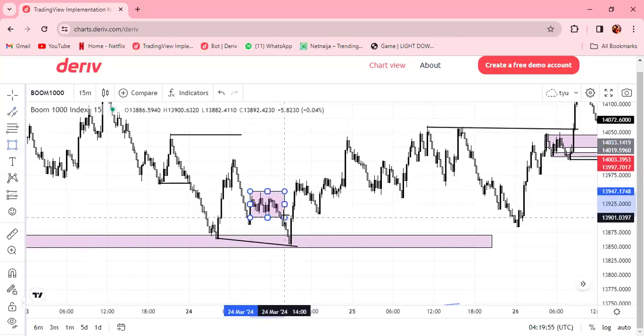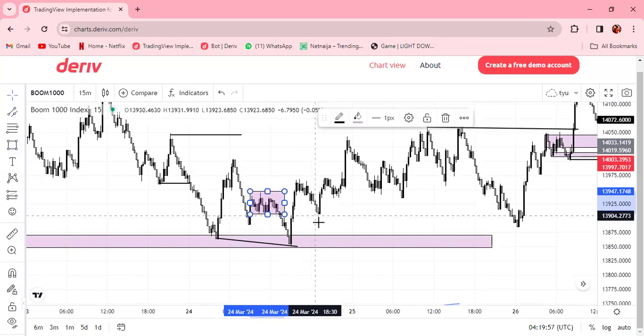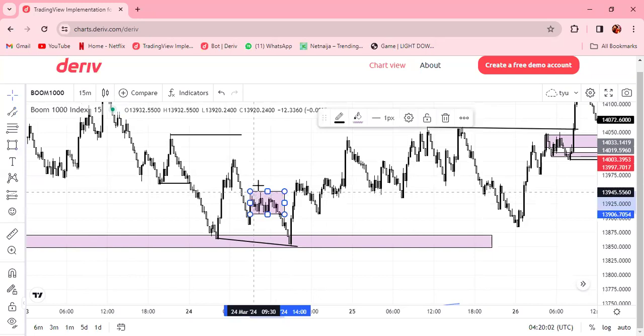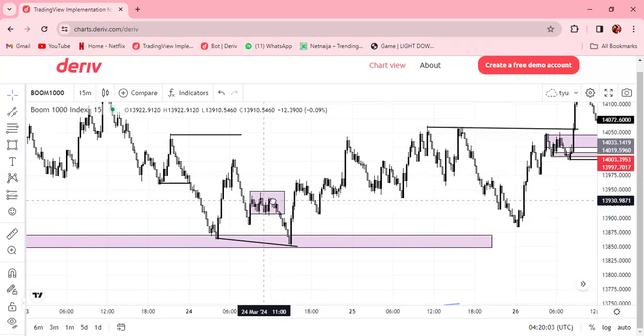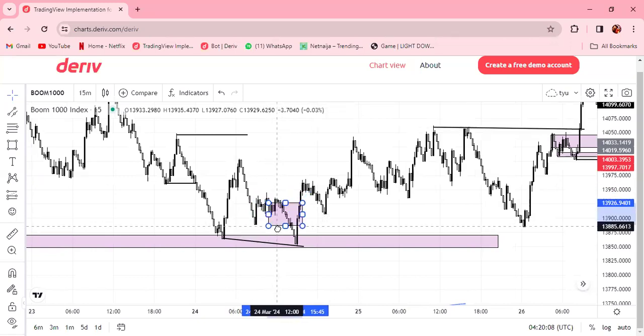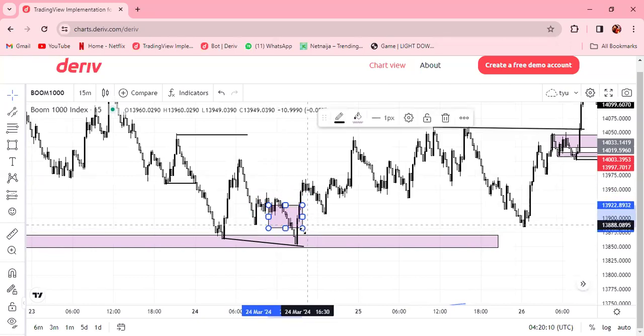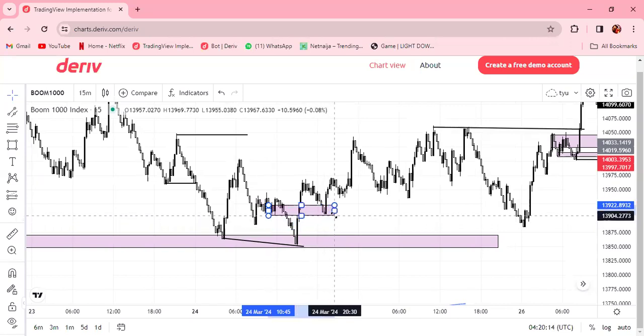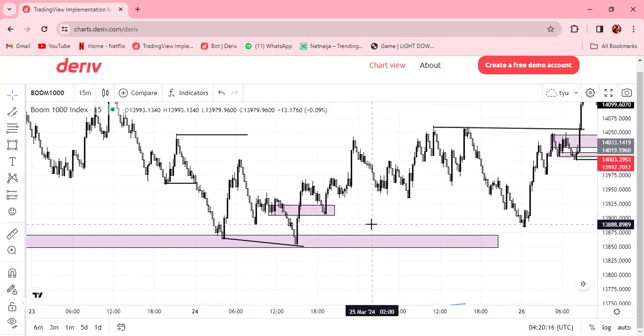This is a support and resistance consolidation here. Price came down. When we look at it even further, when we break it down even further, we can say there is a QML here, which price came back to trigger.